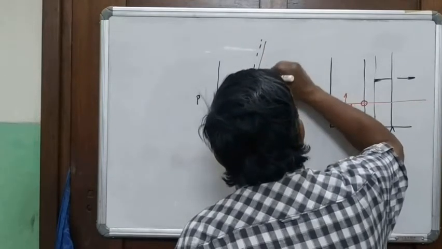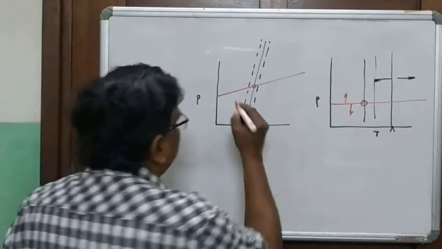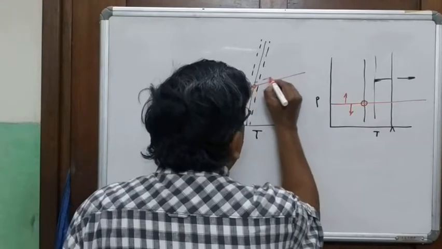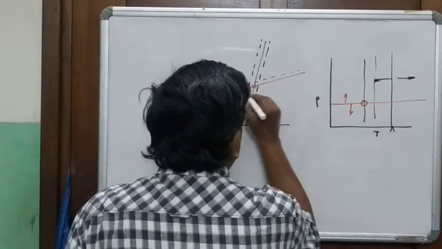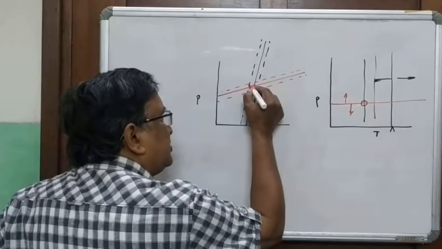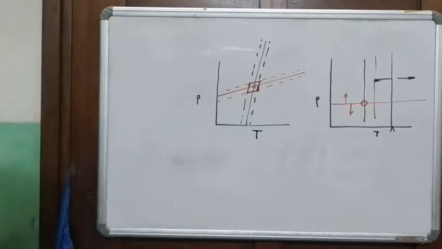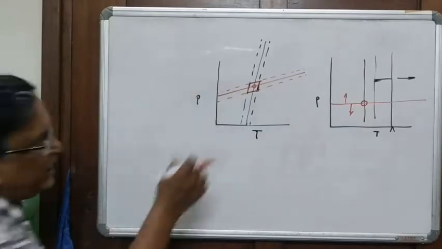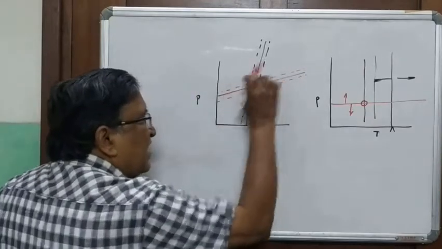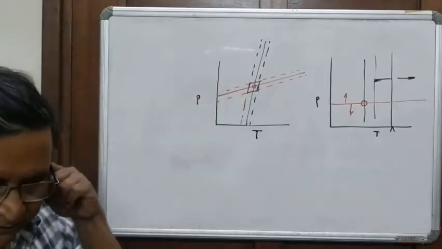Have you understood? There is a zone of uncertainty. And similarly, for the pressure value, there is a zone of uncertainty. So, although you say that your pressure temperature is here, you have a parallelogram drawn, defined by the parallel lines of uncertainty. So this is what you get.